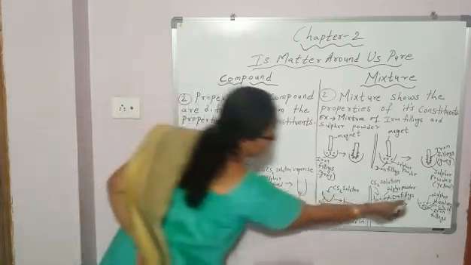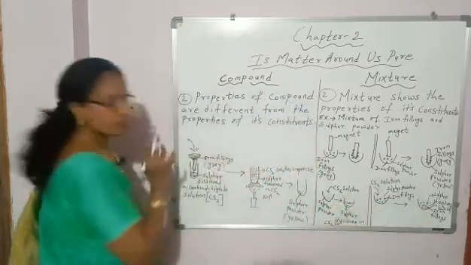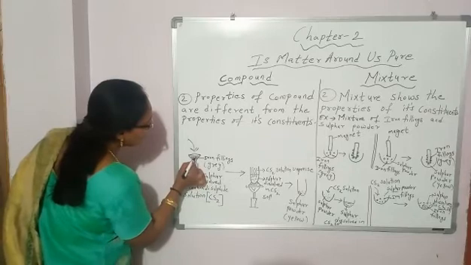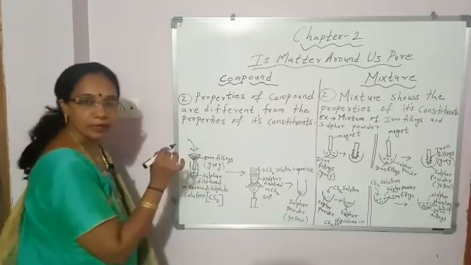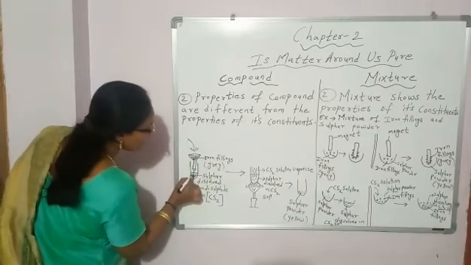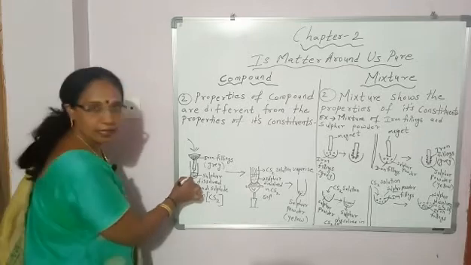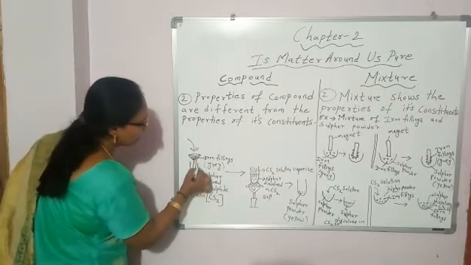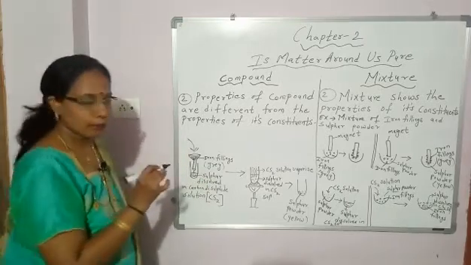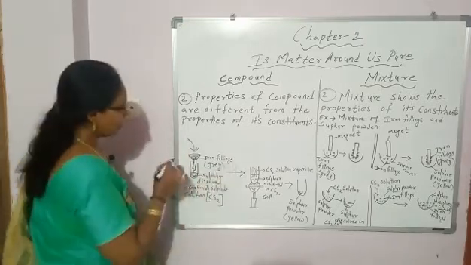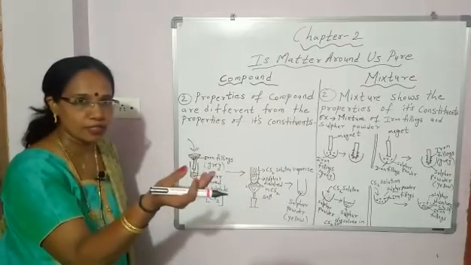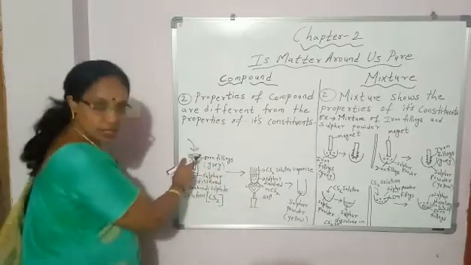When you filter it, iron filling will remain on the filter paper and sulfur, which is dissolved in carbon disulfide solution, will pass through the filter paper and collect in the beaker. Now, iron filling is separated. You separated one of the constituents from the mixture by filtration.